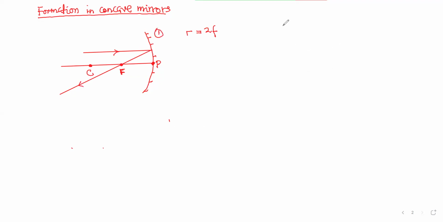The second rule is a reverse form of the first rule. Light follows the principle of reversibility.